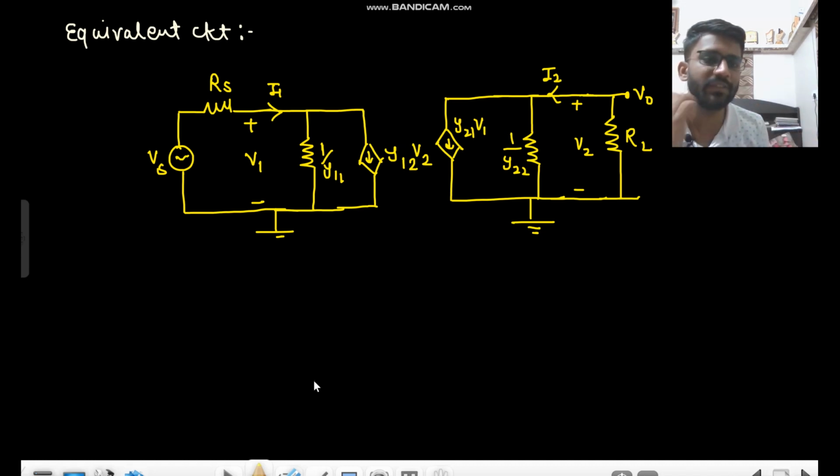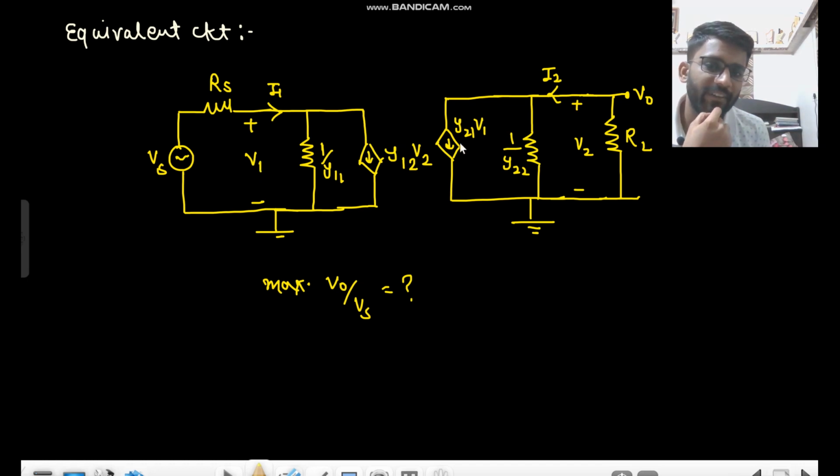Now you need to maximize V0 by Vs. What you can see here is that this V1 is amplified by the factor Y21, right? From the Vs source we are getting some V1 across this resistance, or this current source you can say.